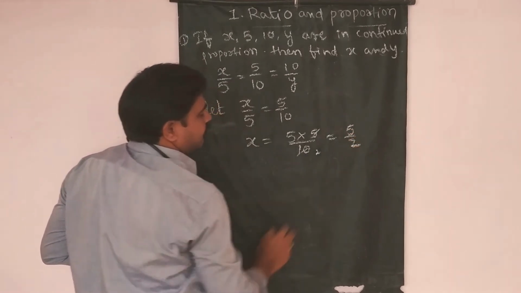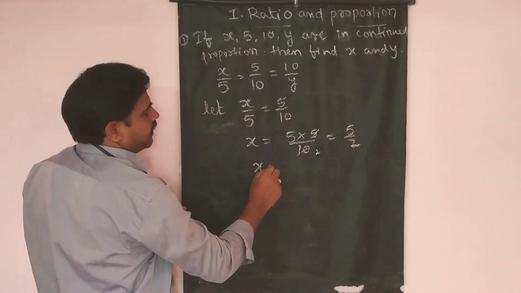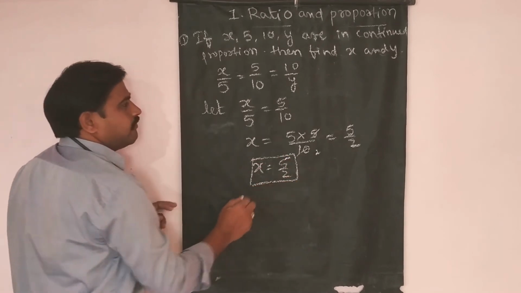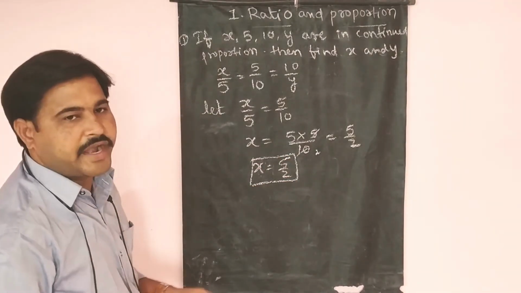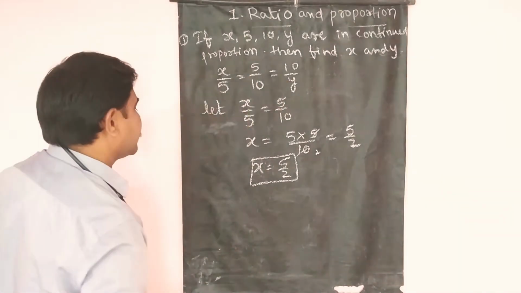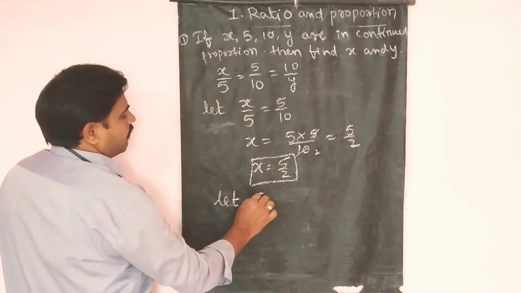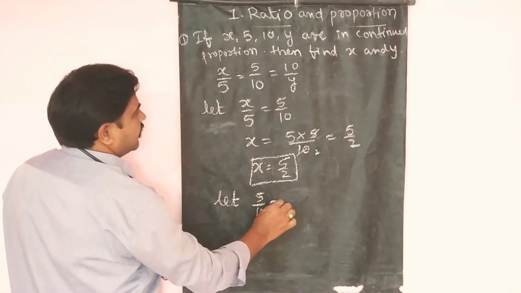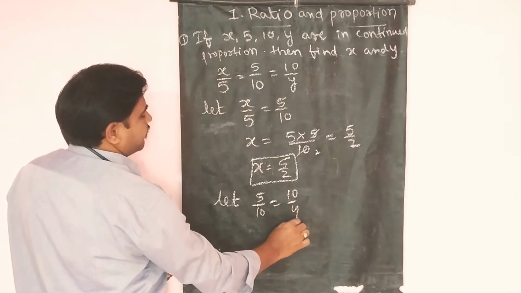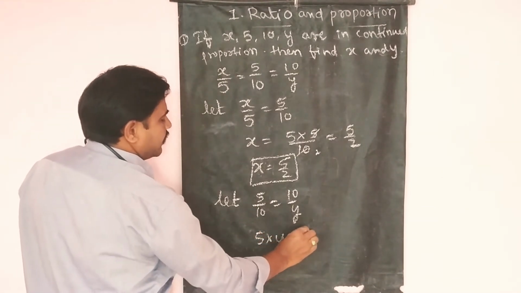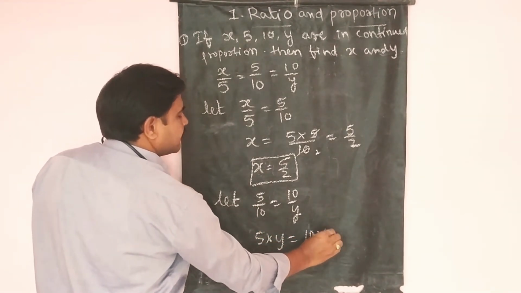The x value is 5 by 2. Now find the y value. To find y, take the next two ratios as equal: 5 by 10 is equal to 10 by y. By cross multiplication, 5 into y is equal to 10 into 10.